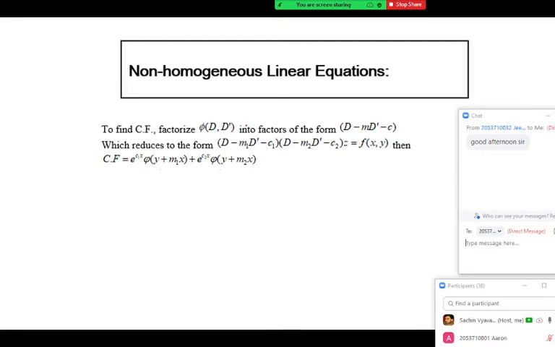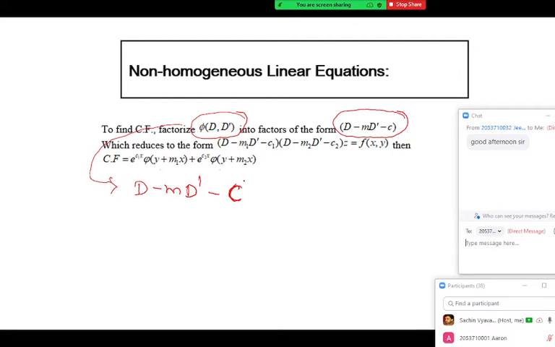So for writing a CF, the general factor is this one: D minus MD dash minus C. We should write phi of D comma D dash in this form.